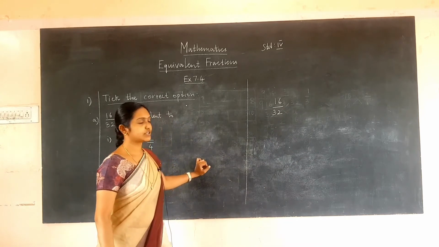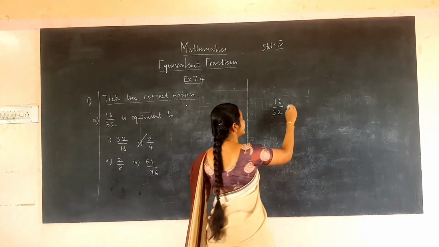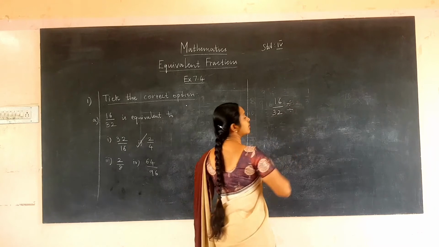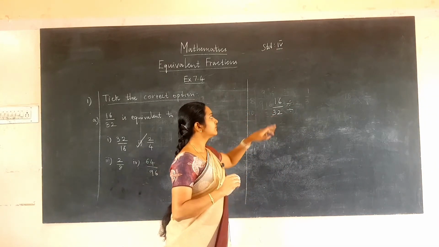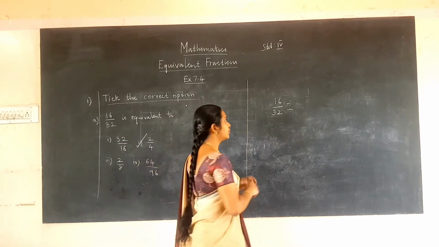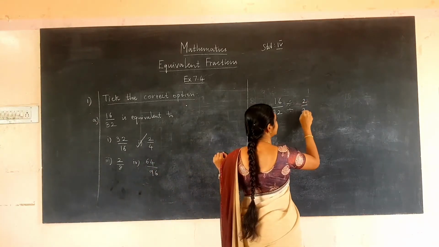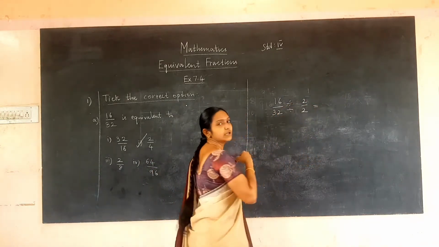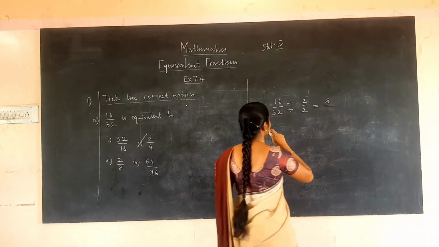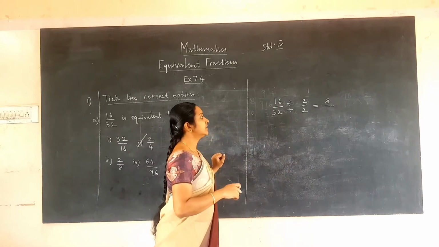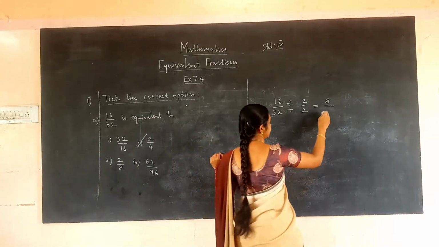Reduce the fraction. Reducing means nothing but we should divide them by a common number. Here we have a common factor 2. So let us divide by 2. 16 divided by 2 is 8. 32 divided by 2 is 16.